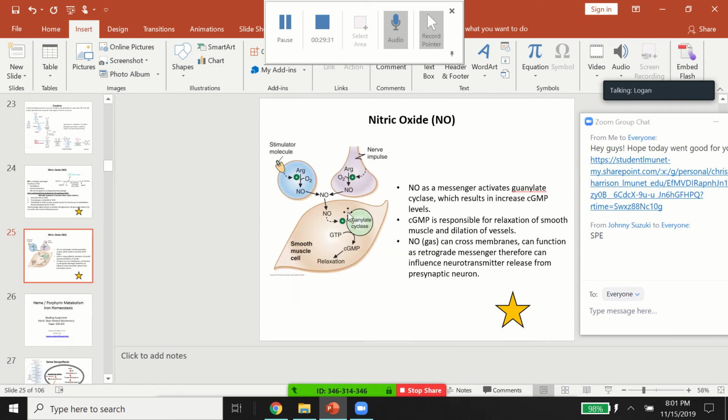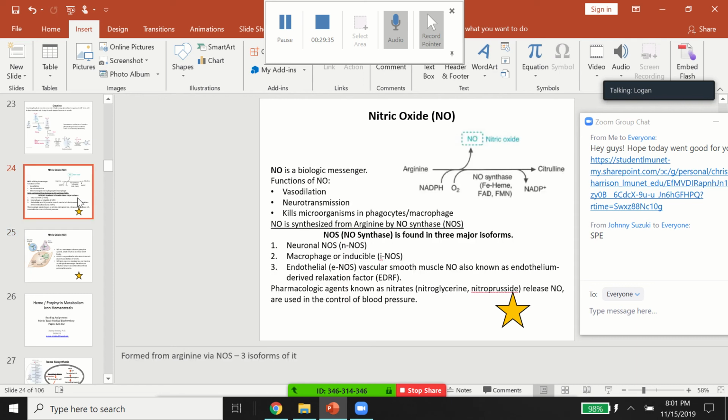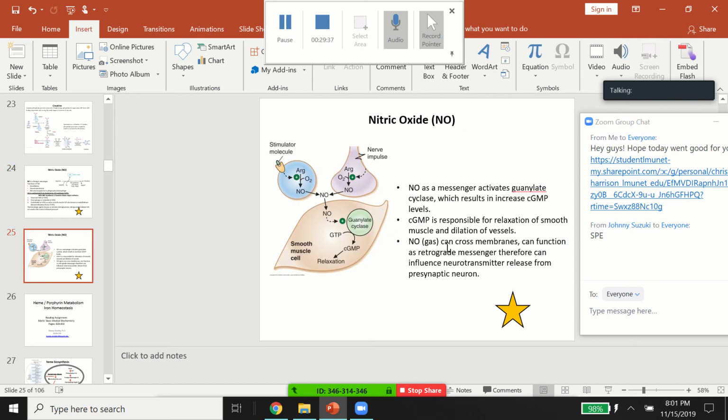This goes a little bit more into detail on how it's formed. That's what I think would be more high yield out of these two slides, is how it's formed in this case, via this whole cyclic GMP type process. But this sums it up pretty well for you. So notice NO comes in from these different places, right? Not only can you get it from a neuron, but you can also get it from these other type cells as well.